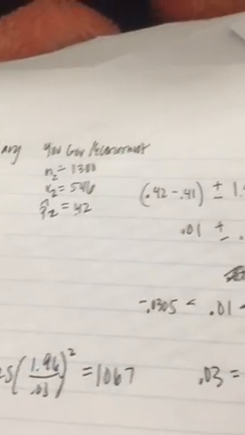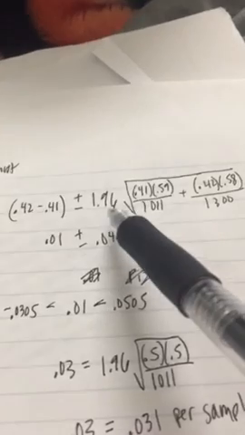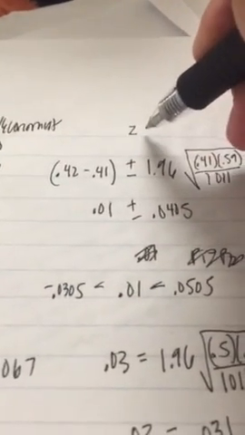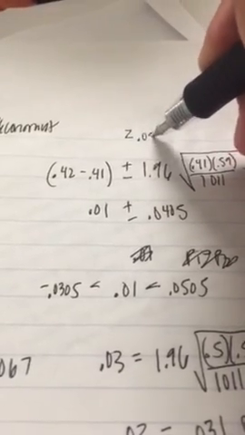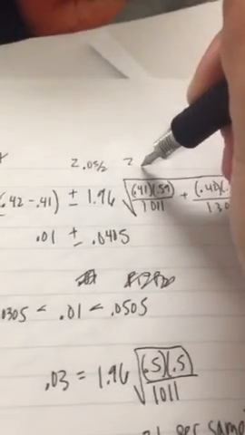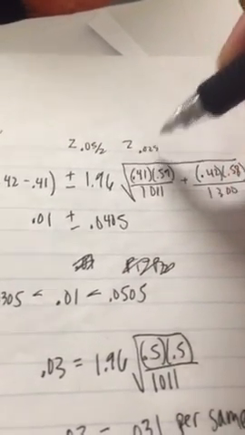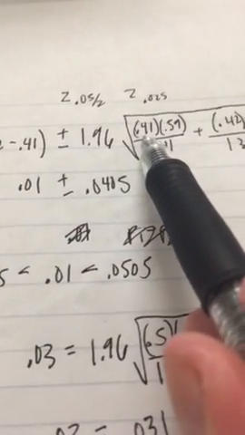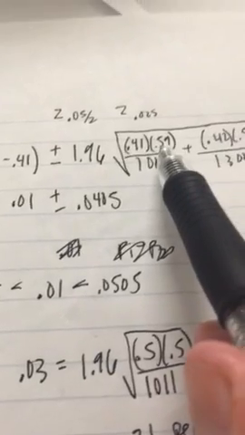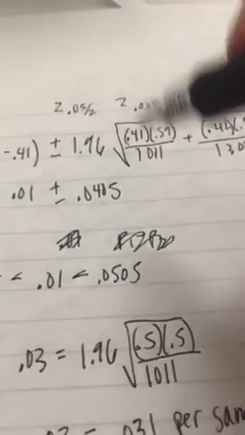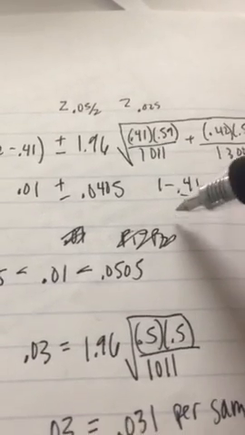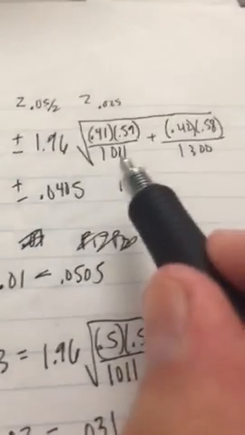And then plus or minus 1.96, which was the z alpha over 2. So it's the z value of 0.05 over 2, the z value of 0.025. And then you take p hat 1 times q hat 1. Q hat 1 is just 1 minus p hat 1, which in this case is 0.41, so it's 0.59, over the sample size.